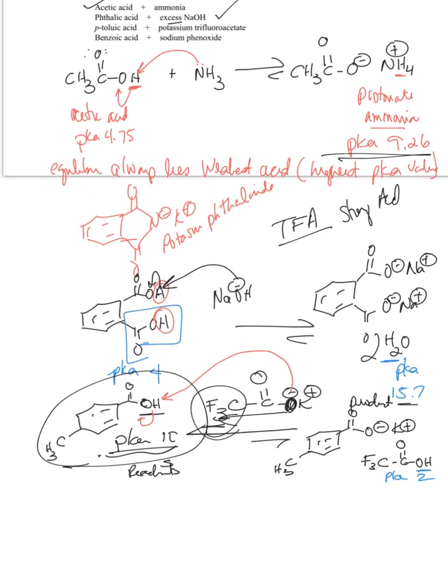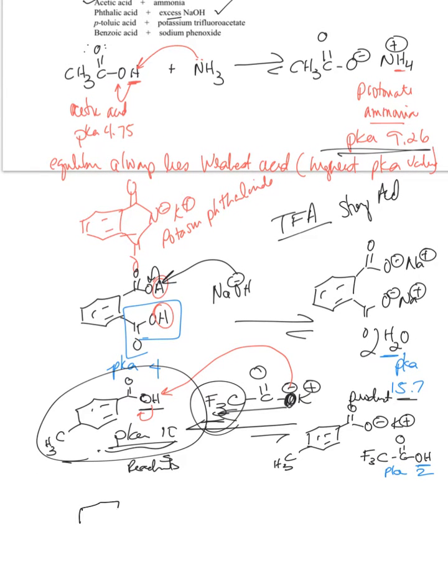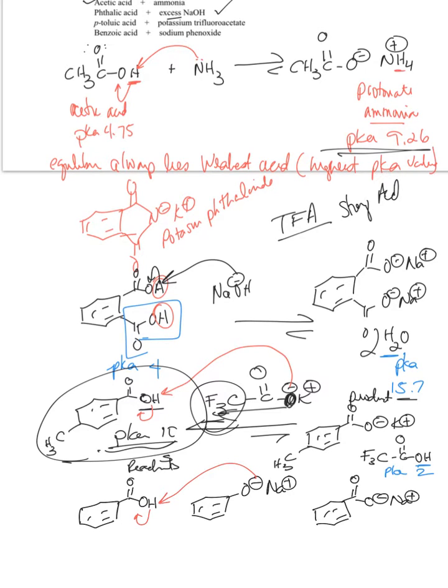Okay, our next one is benzoic acid and sodium phenoxide. So there's your sodium phenoxide, and the reaction would be such as this, where you would deprotonate your benzoic acid, and that would make sodium benzoate and phenol.